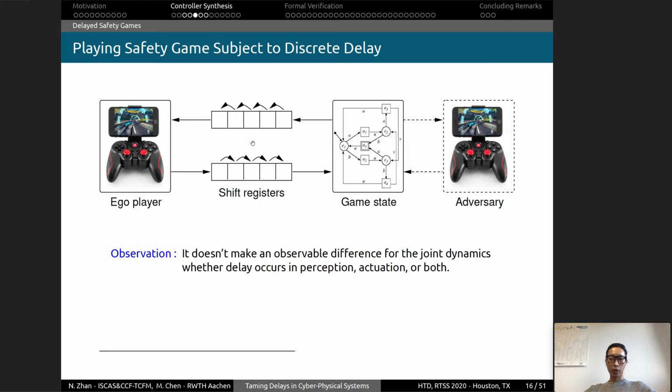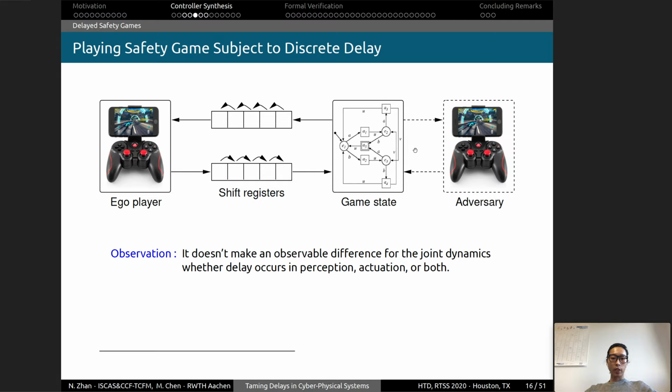Well, delay could also occur in the actuation channel, meaning that an action or a decision made by the ego player takes some units of time, in this example 5 again, until it could really be executed or takes effect in the game graph.